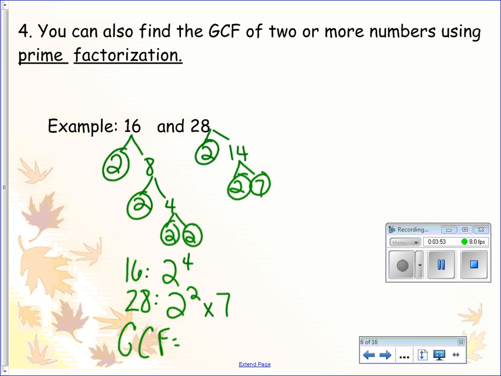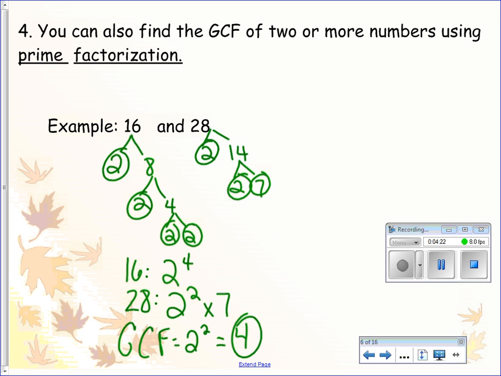Each of those numbers has two 2's in it. So 2 to the 2nd. We cannot list 7 in the greatest common factor because they do not each have a 7 as a factor. So 2 to the 2nd power is 4. So the greatest common factor for 16 and 28 is 4.